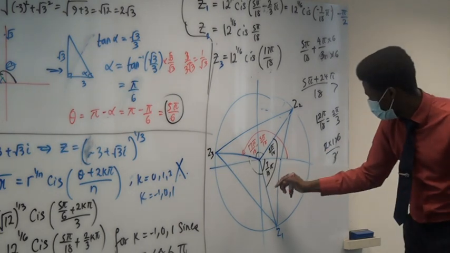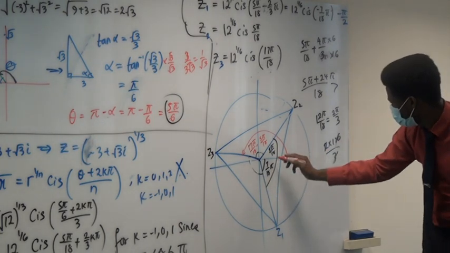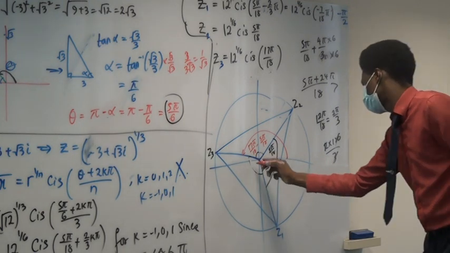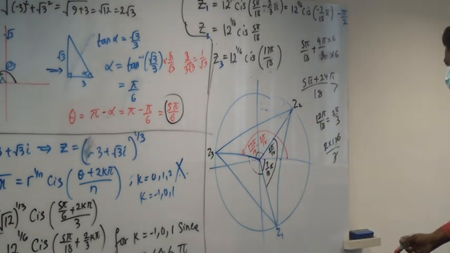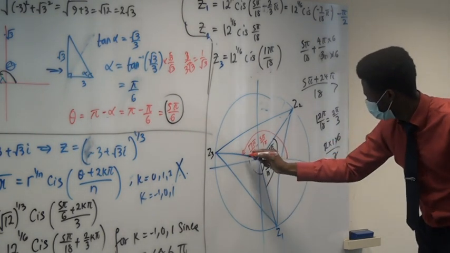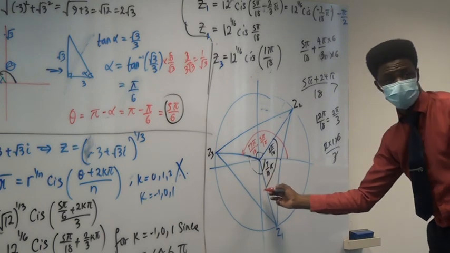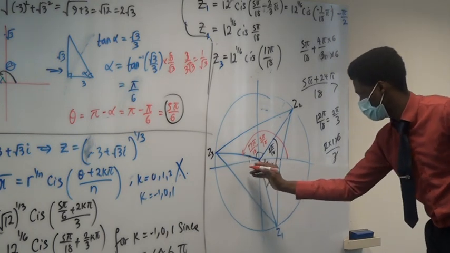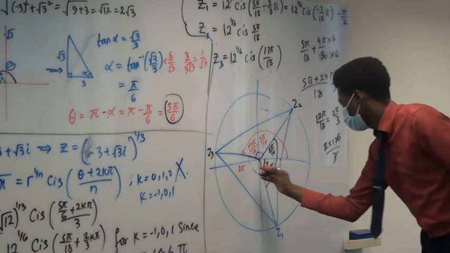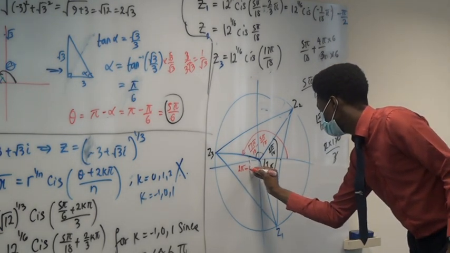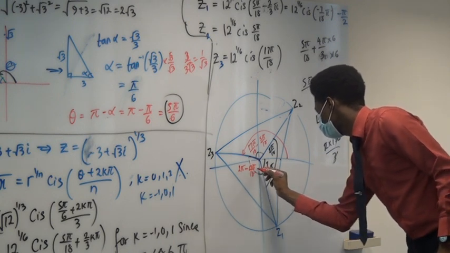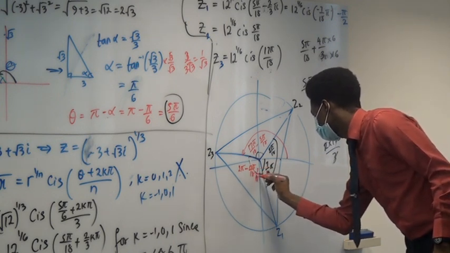If you do the same for this one, we have this to be 7. We need the whole of this. I have this to be 17, and I have this to be 7. So I can find this as 360 minus 17 pi over 18 minus 7 over 18 pi.